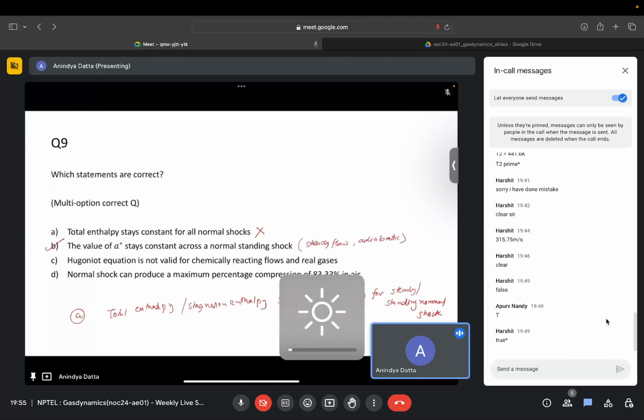We obtain the A star value by going to a hypothetical reference state where the Mach number is 1, applying the steady flow energy balance equation. If between two points the flow is steady and adiabatic, with no heat transfer or work transfer between the two state points, the value of A star will stay constant.